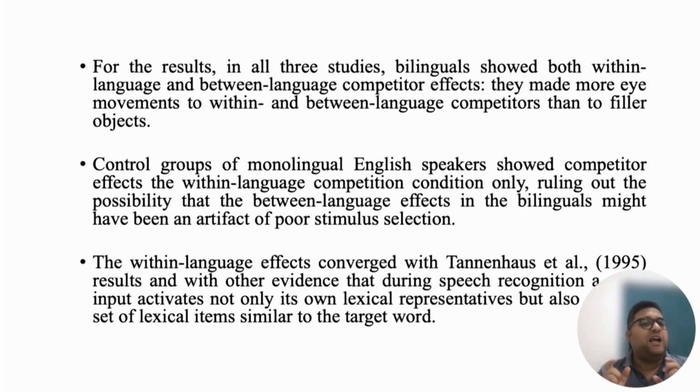They made more eye movements to within language and between language competitors than to filler objects, which tells us that while obviously there is competition among within language cohort candidates, say between cattle and caterpillar and everything that starts with CAT, there is also competition across the languages. Say, for example, between marku and marker, which are lexical items from the two different lexicons of the individual.